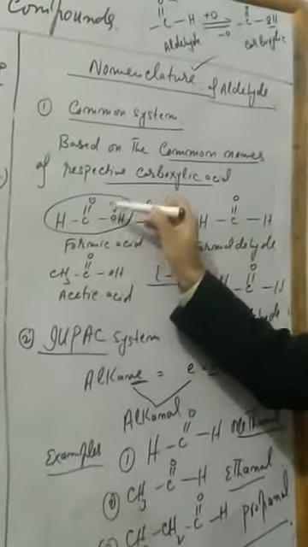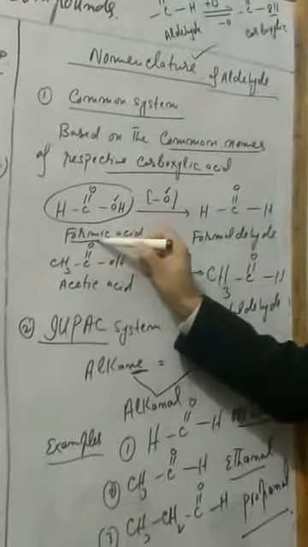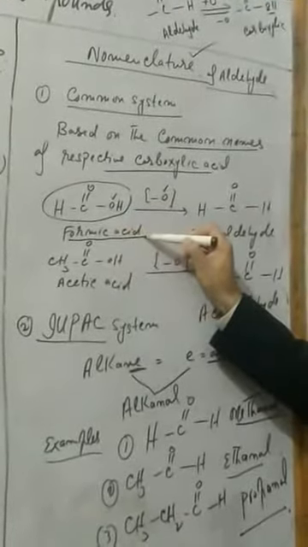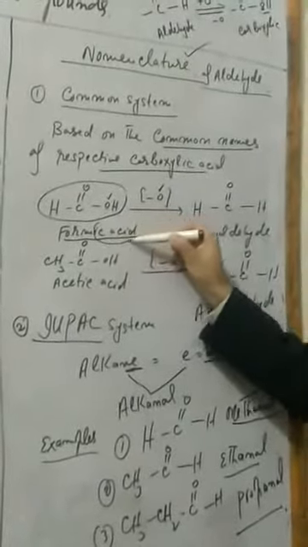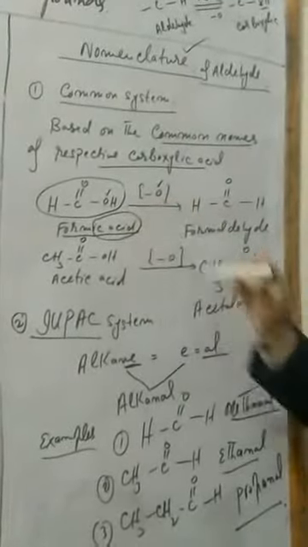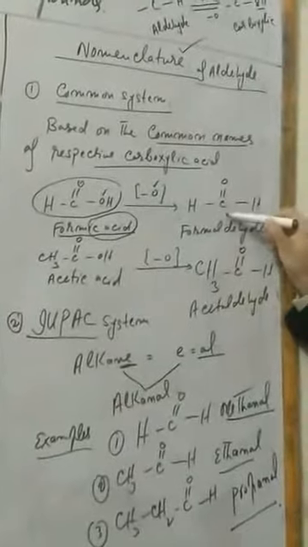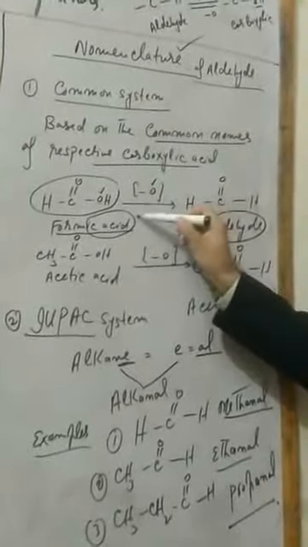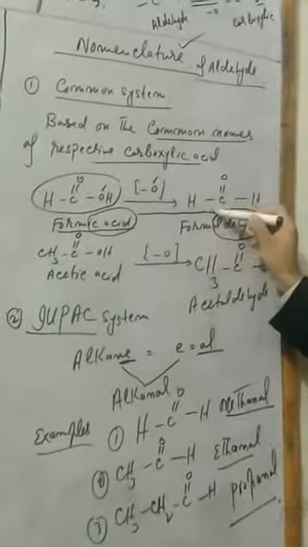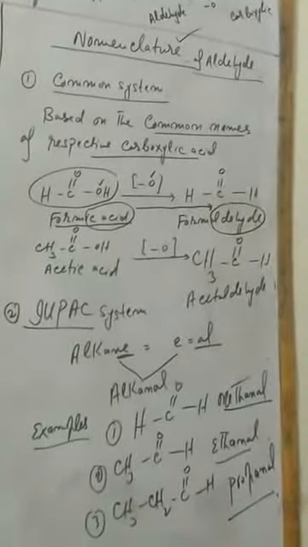The common name of this carboxylic acid is formic acid. Now what we do is remove the word "ic acid" and replace it with "aldehyde." Therefore, formic acid is converted into formaldehyde.